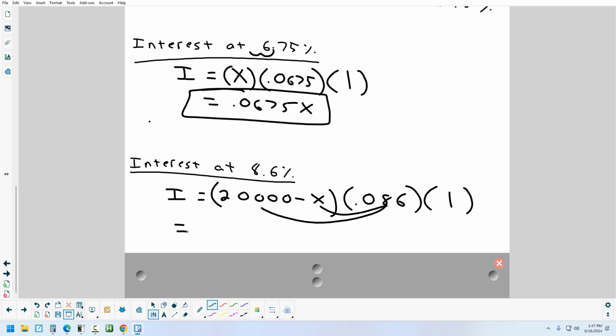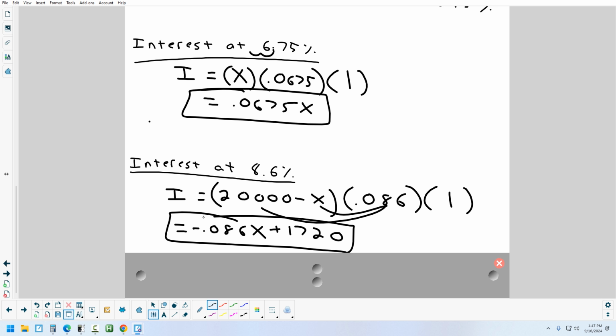Just because I did this earlier, I remember 0.086 times 20,000 was 1720. And 0.086 times negative x is just negative 0.086x. So distribute that out, that's what you get. Normally I would need a calculator, I just remember the answer.